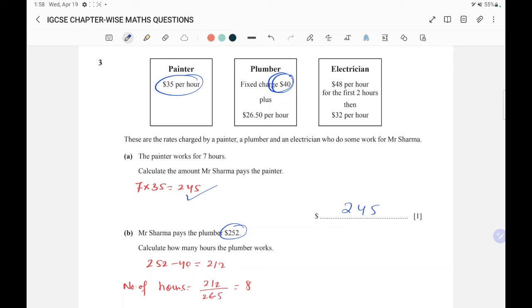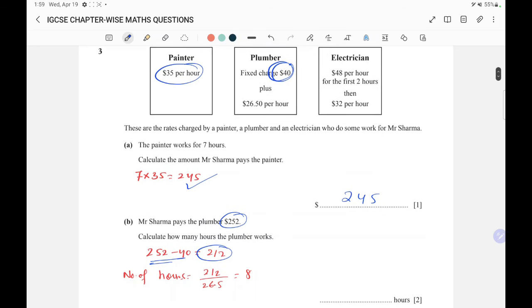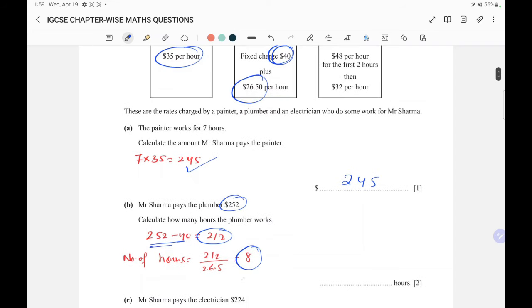So this is 252 minus 40, that's 212. So this 212 amount has been paid by Mr. Sharma to the plumber only for the working hours. So 212 over 26.5, then you will get 8. So this is your 8 hours.